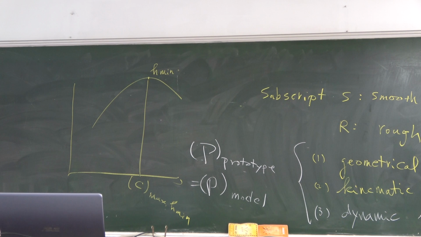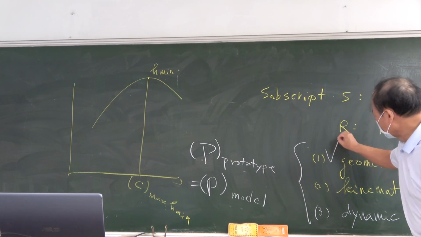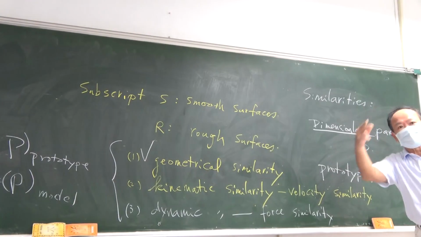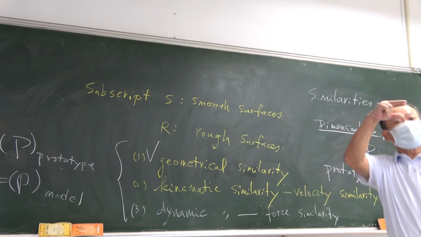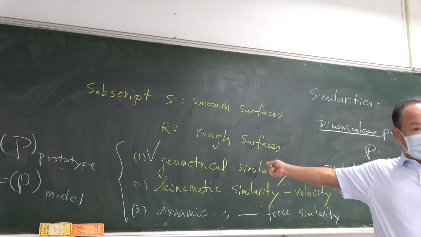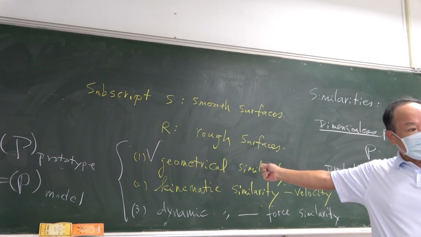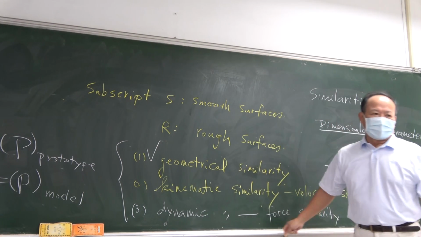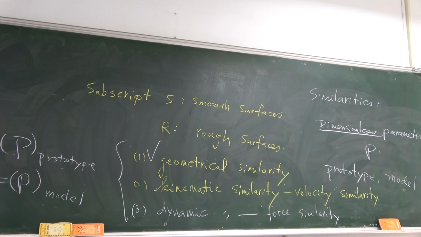Now we need this one only. We don't need these two, because we want to study the surface roughness behavior. Surface roughness is a geometric factor. It's a geometric parameter. So we just need this one. First, the model here is our smooth surface.